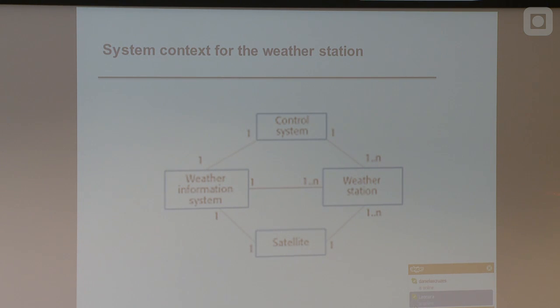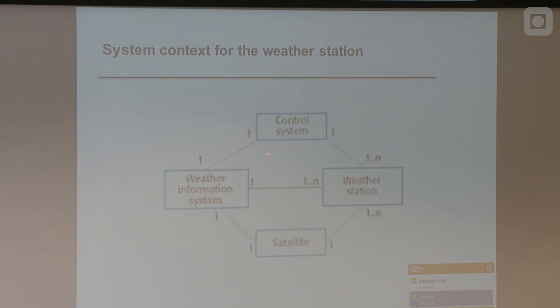We have our weather station, this one, that is the topic of our specification, the topic of our low-level design. And we see, okay, in the specification, they say that there will be a satellite that is connected to our system. So we model a satellite system.